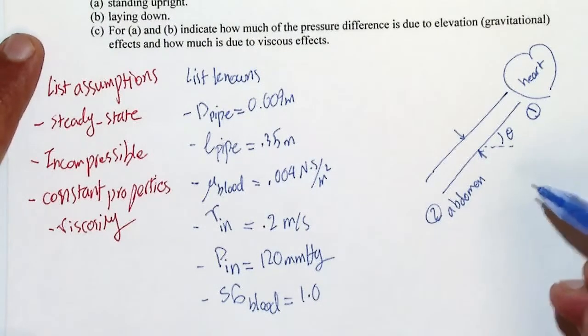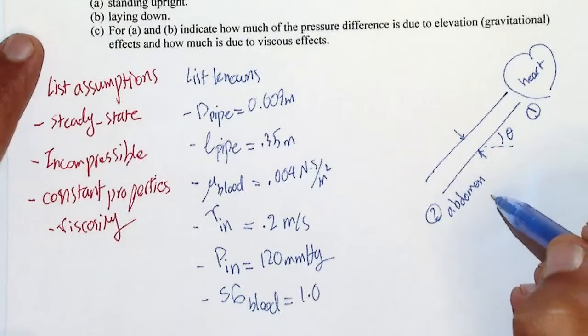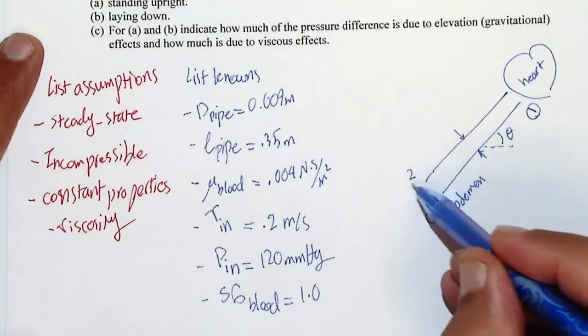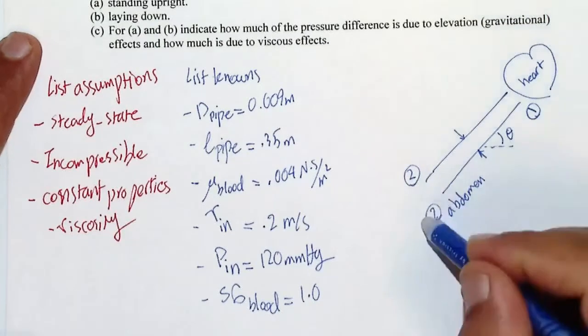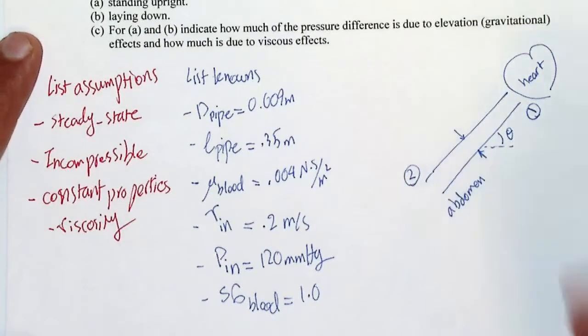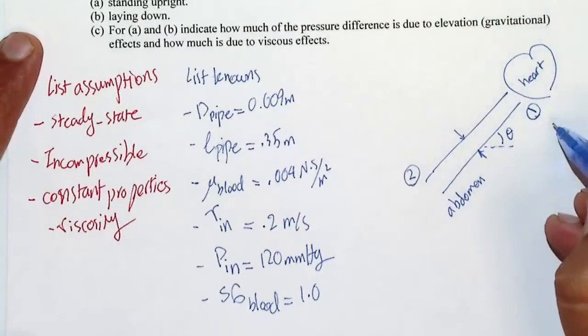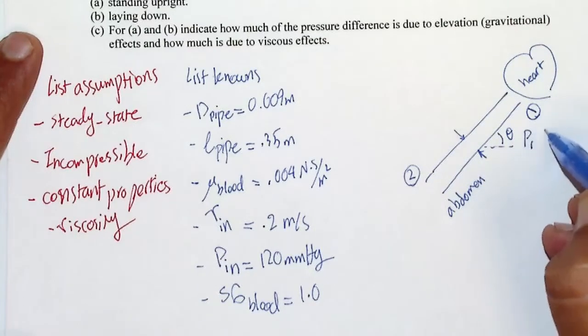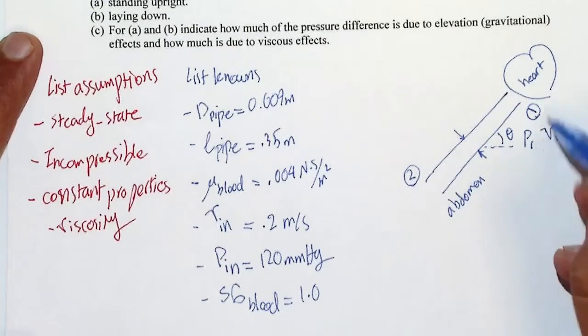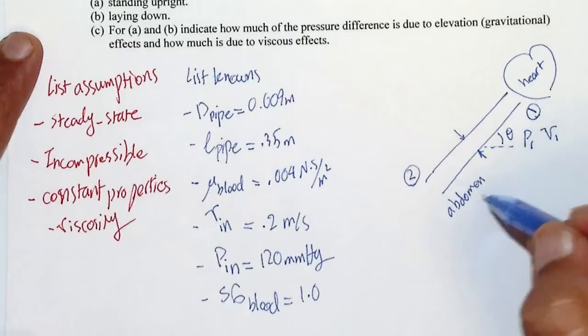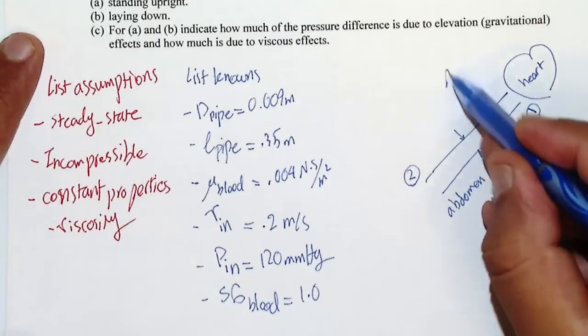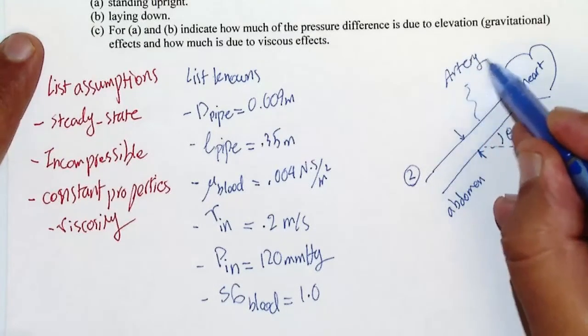Okay, so what else do you have to know? If you assume that this is 0.2, then from 1 to 2, at point 1 you have P1, V1. Also the area is constant all over that, and that's your artery, right?